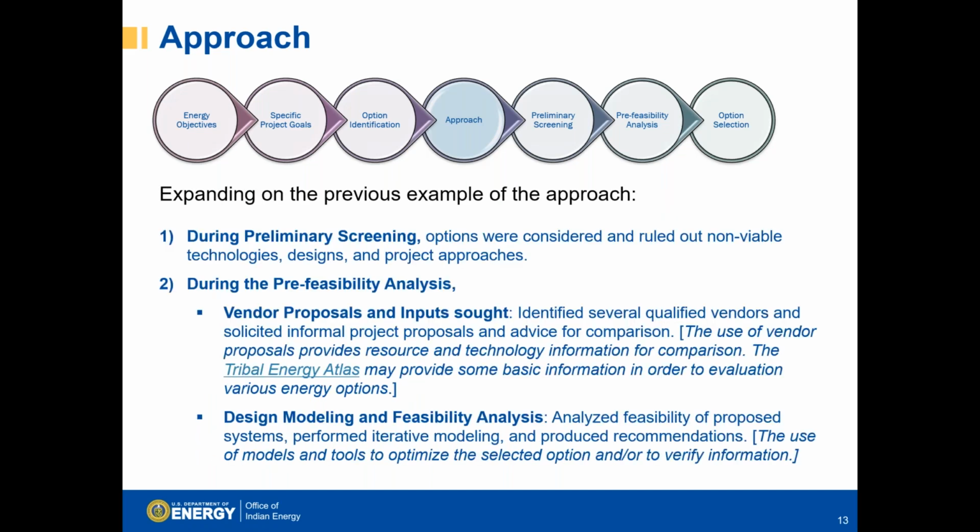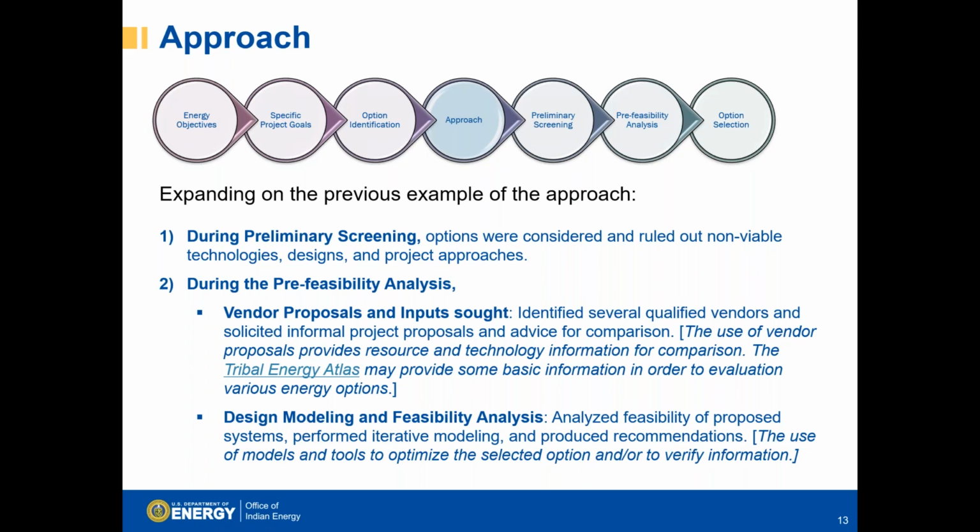So this slide just provides a little more detail on the approaches I've just identified. During the preliminary screening, you determine how you are going to screen, what criteria you would use in that evaluation process. In collecting vendor proposals, in addition to that, you might use the Tribal Energy Atlas, which is posted on the Office of Indian Energy website.